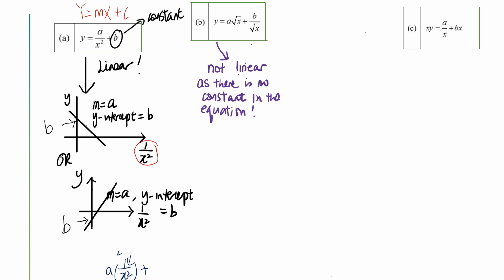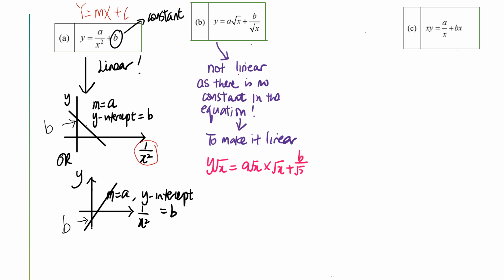So what we're going to do next is that we're going to apply some skills to convert part B to linear form. So I'm just going to multiply every term with square root x. And let's see what happened.